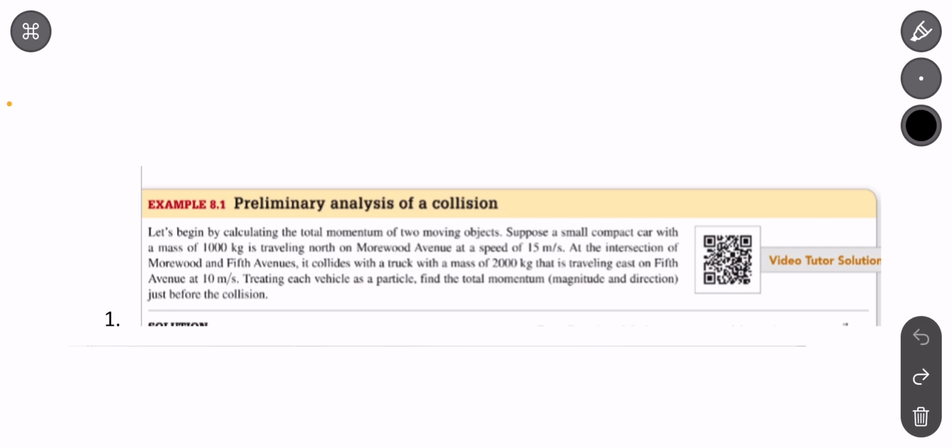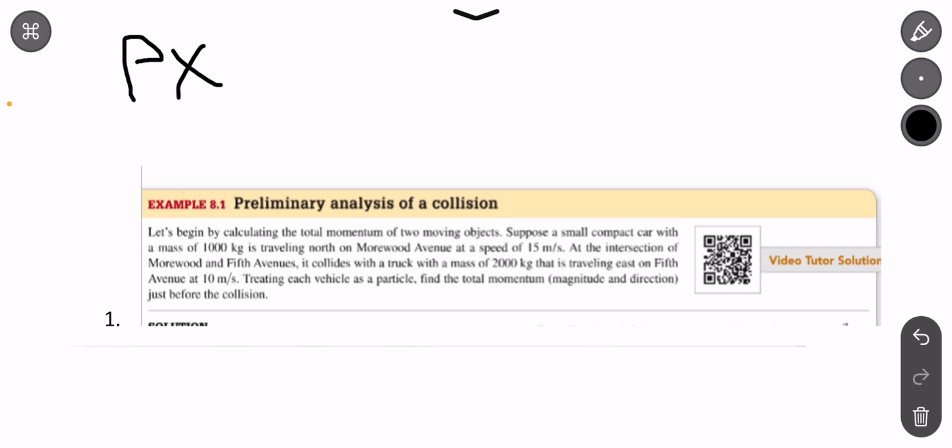Okay, so it wants us to find exactly what it said: the momentum before the collision. So they want to know basically the angle and how fast the car was moving. The way we can find this is by breaking it down into two parts. I'm going to start first with the speed, how fast it's going, before I do the direction.